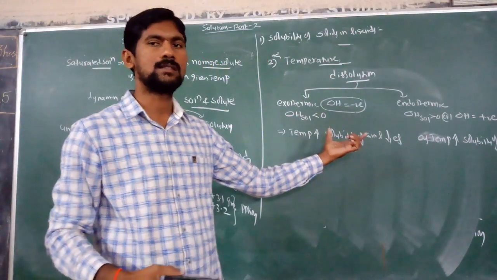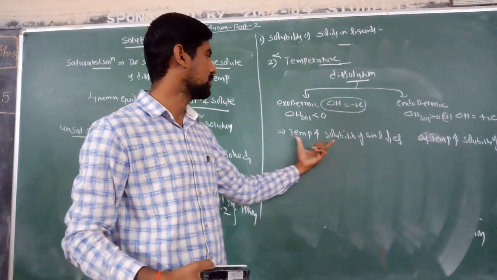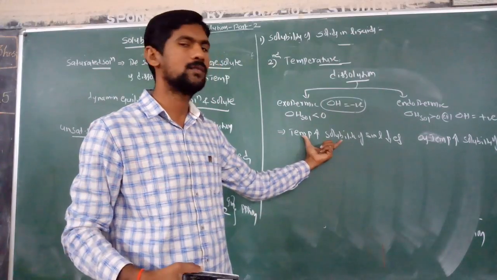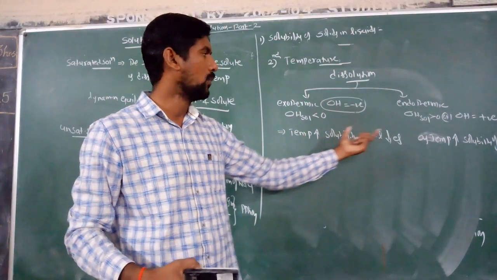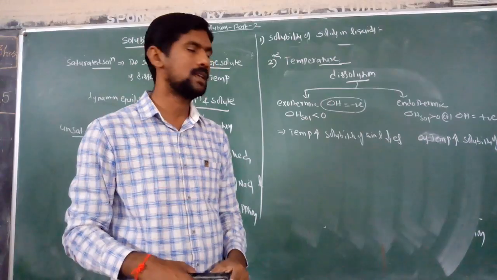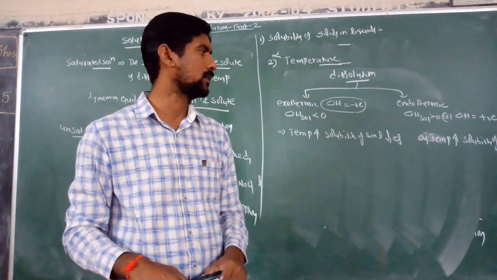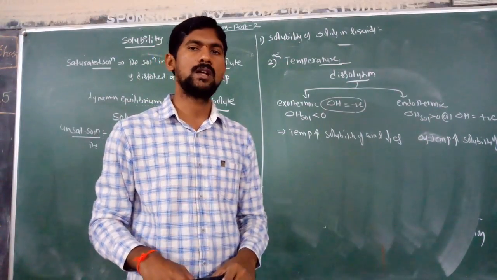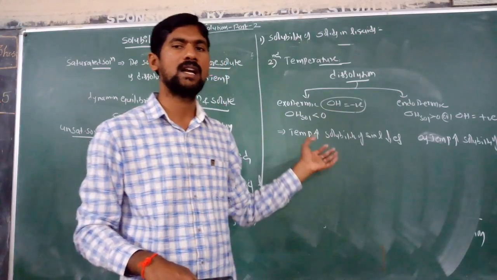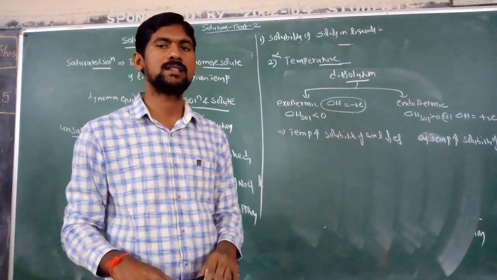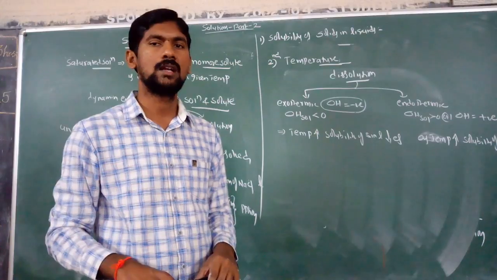Both are quite opposite. For exothermic dissolution, as temperature increases, solubility of solids in liquid decreases. For endothermic dissolution, as temperature increases, solubility of solids in liquid increases. You must follow Le Chatelier's principle for understanding the effect of temperature on solubility of solids in liquids.